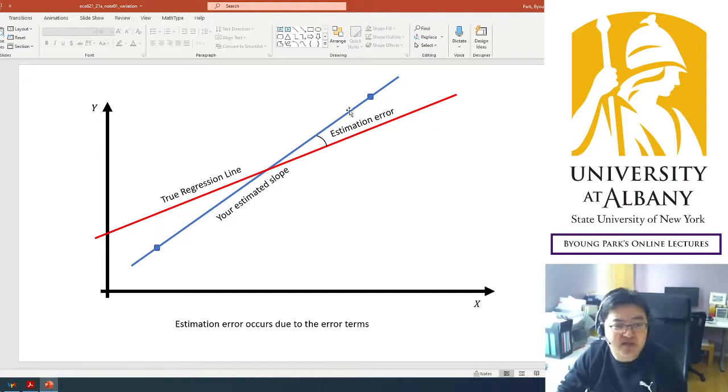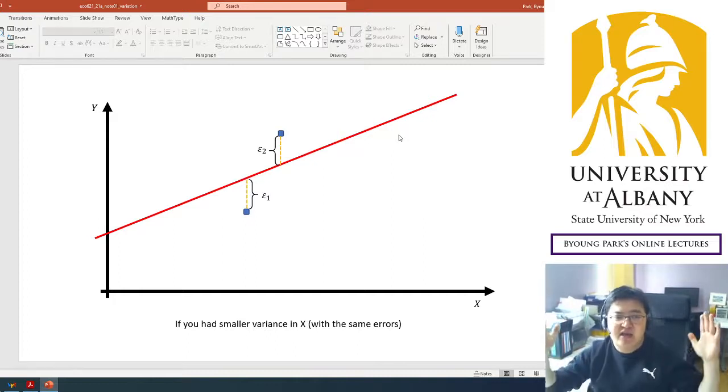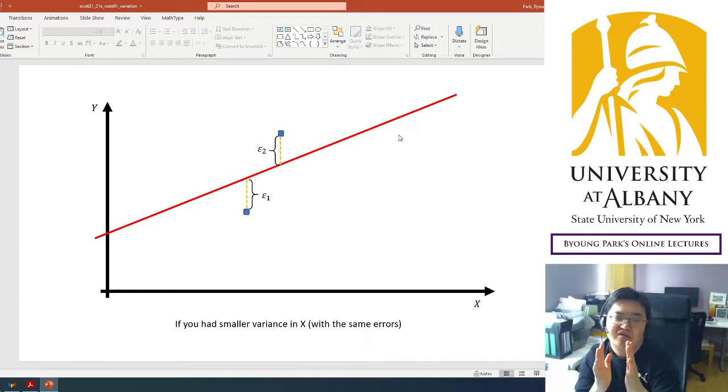What I'm going to study here is, think about these two points, on the left and on the right. But now consider the same situation, where the only difference is that the x's are now similar to each other. The observed x's are similar to each other, so the variance in x is much smaller.